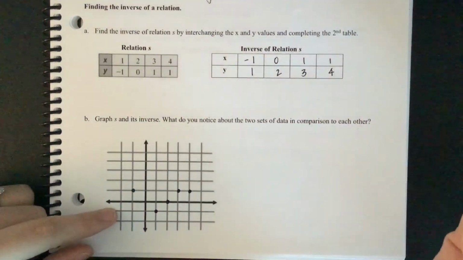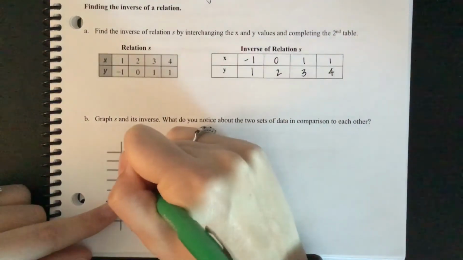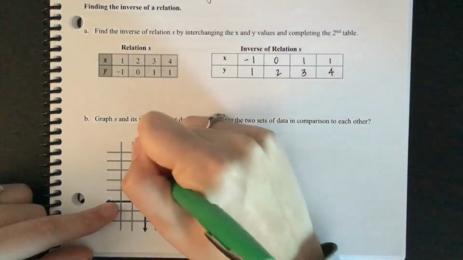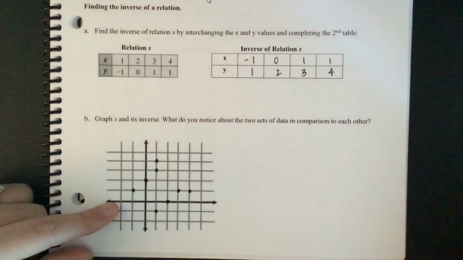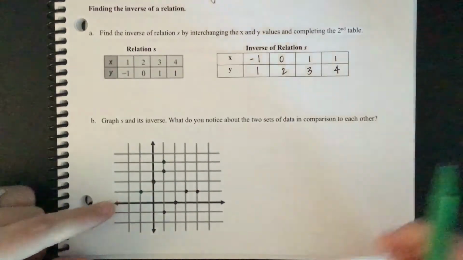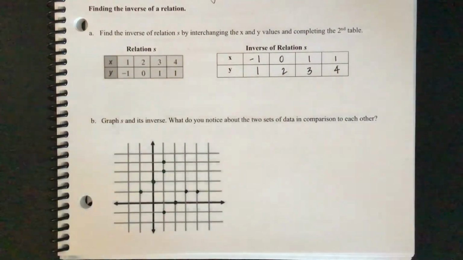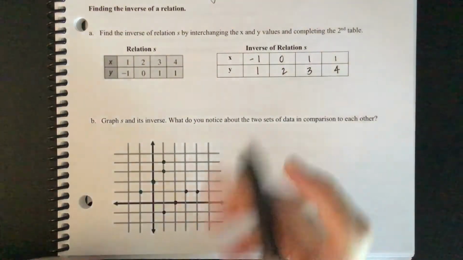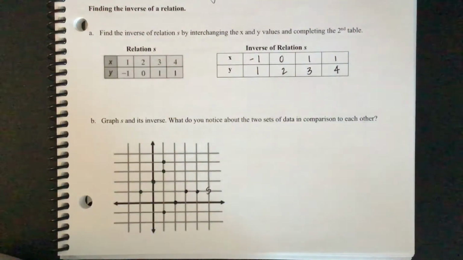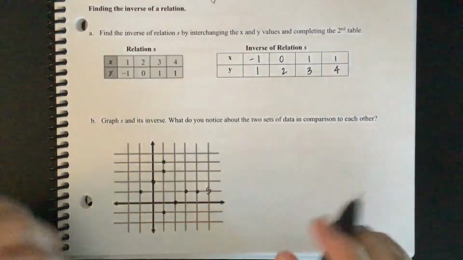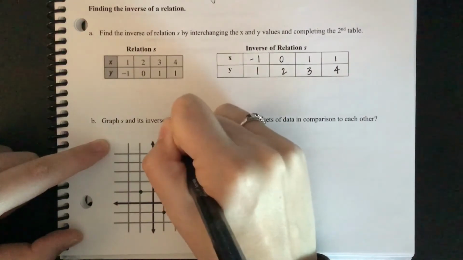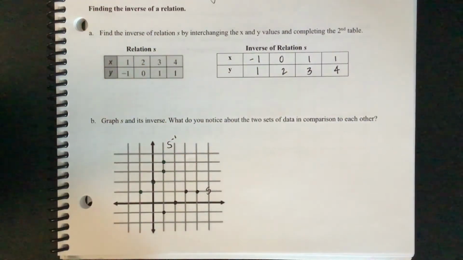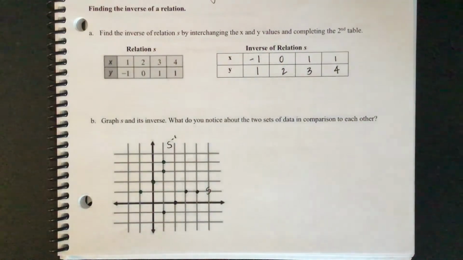Kind of looks like the same color, sorry. (0, 2), (1, 3), and (1, 4). Here is our graph of our two relations, the original and its inverse. Here's your original, S, and the inverse, we haven't gotten to it yet, but we call the inverse S to the negative 1. Okay, that's called an inverse.